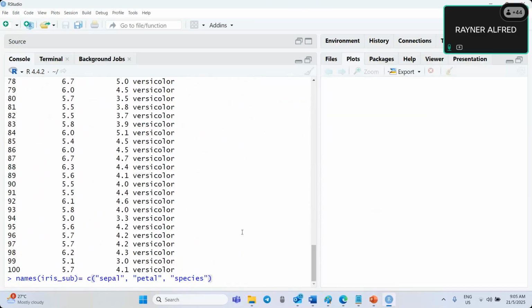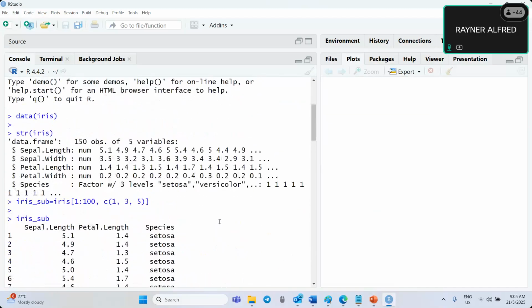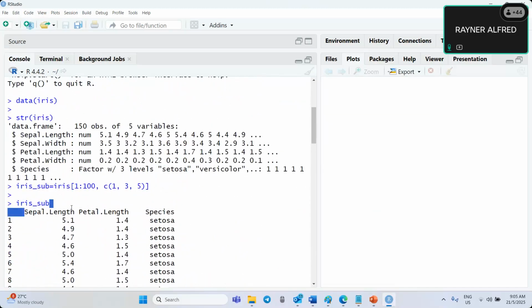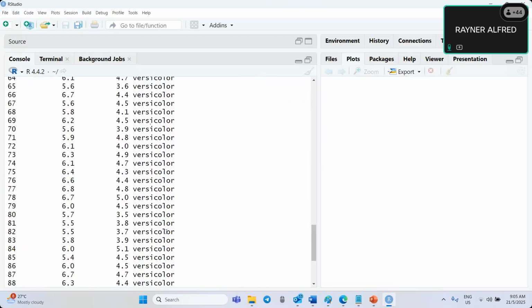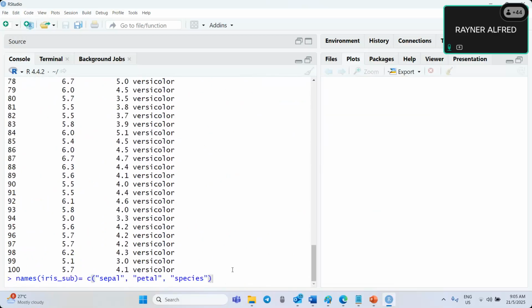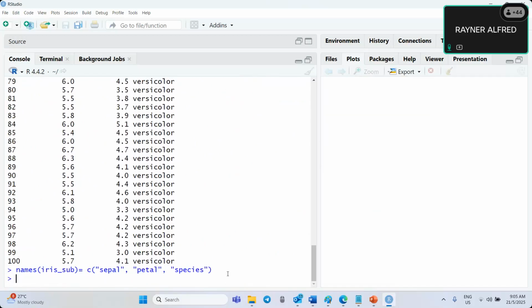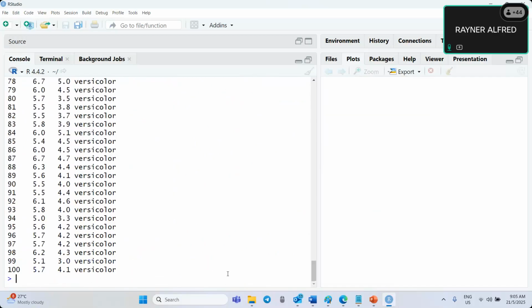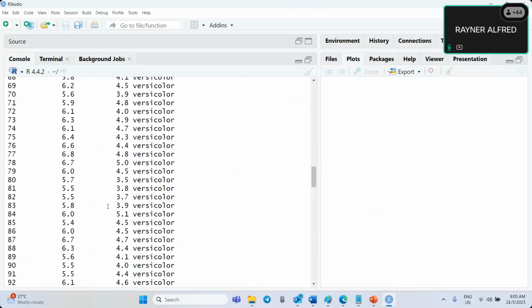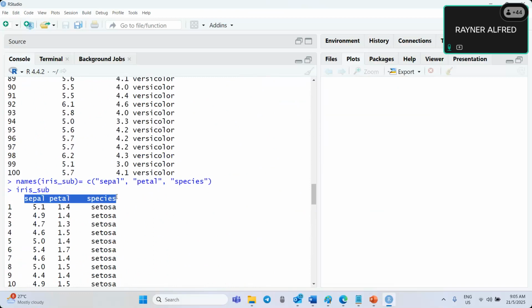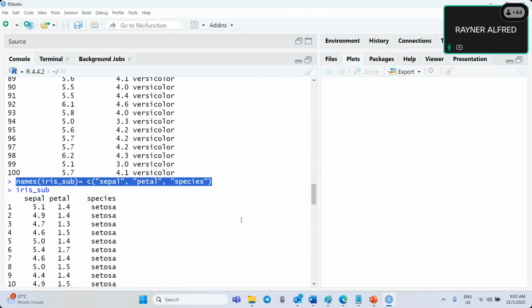Then, to simplify the names, we rename them: the sepal length and also petal length and species. So now we have a simple column name here. This one is just to rename your column.